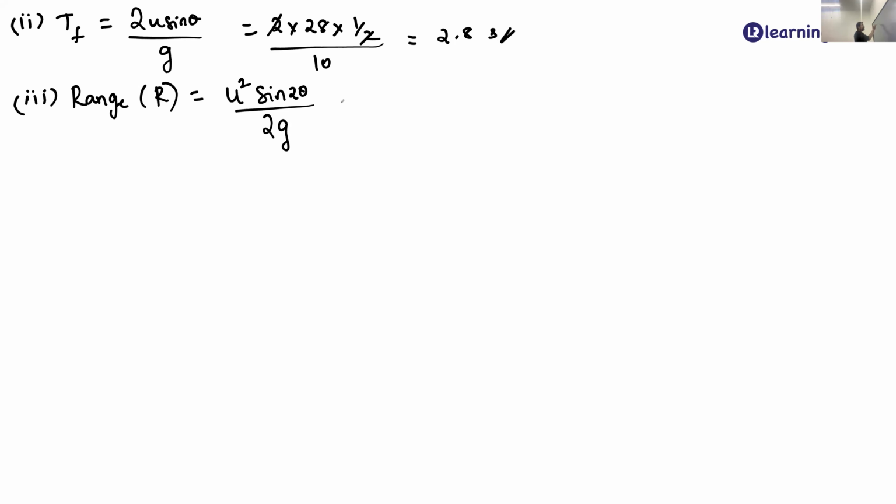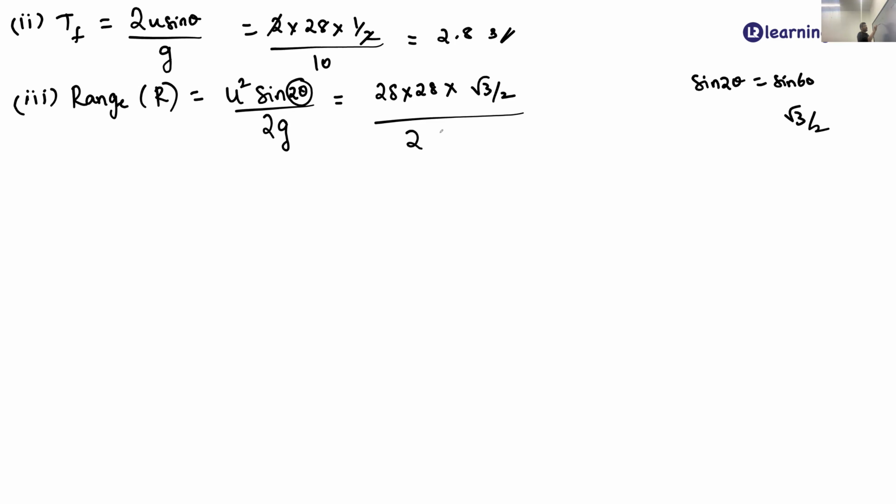So u is 28. So 28 into 28 into sine 2 theta. In the place of theta you will substitute 30, so sine 2 theta is going to be sine 60. The value of sine 60 is root 3 by 2. Substitute it here. You will get root 3 by 2, the whole divided by 2 into g, which you can take as 10.